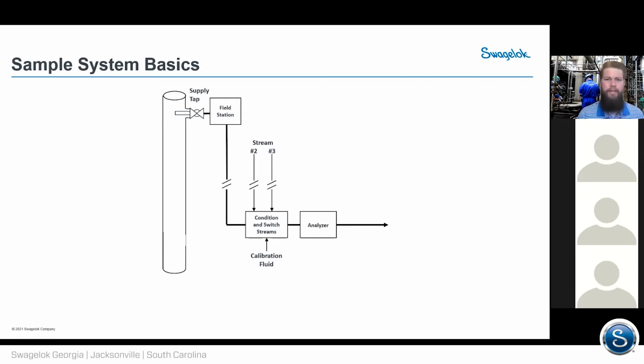We need to make sure that we don't contaminate each sample as we switch between them. We also need to make sure that we don't contaminate the calibration gas or fluid as we place that into the analyzer for the calibration mode to make sure the analyzer stays accurate. So to do that, we really try to push for a continuous flow setup, and with our SSV, our stream selection valves, we're able to really have a compact footprint and keep really low volumes and something like that.